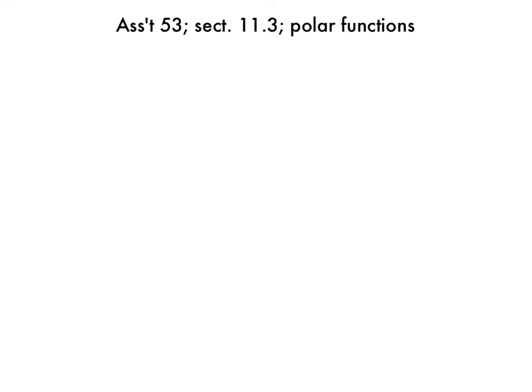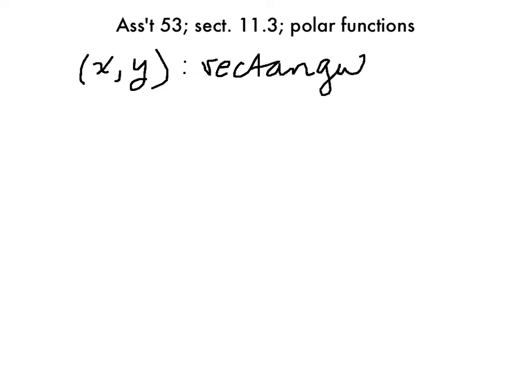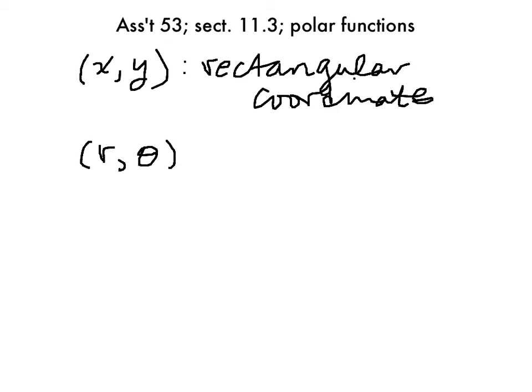So you've been living your life so far, your mathematical life, in the world of coordinates like this. And these are known as rectangular coordinates. There's another way to think of the plane, and another way to actually coordinatize it, and that's in terms of r and theta.